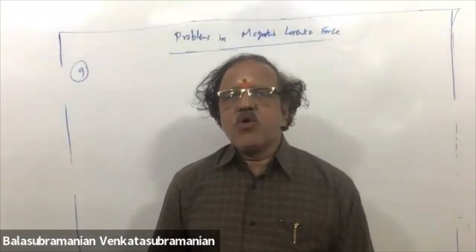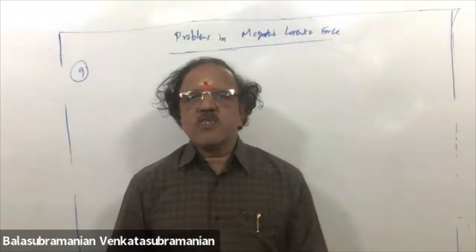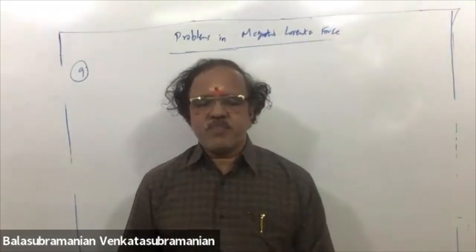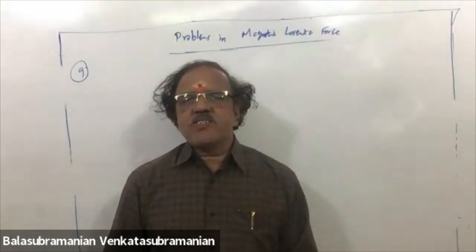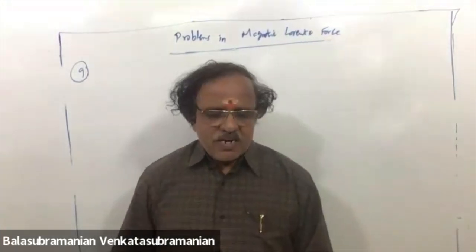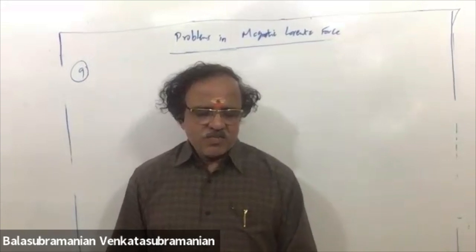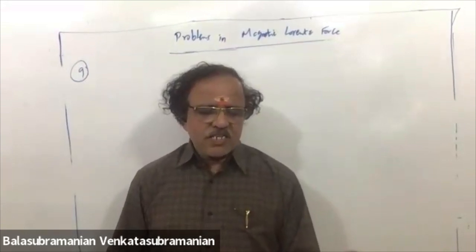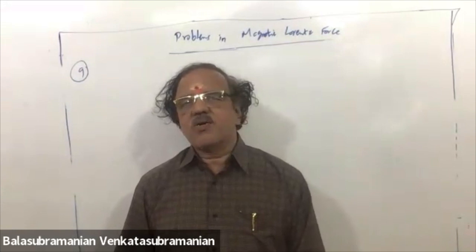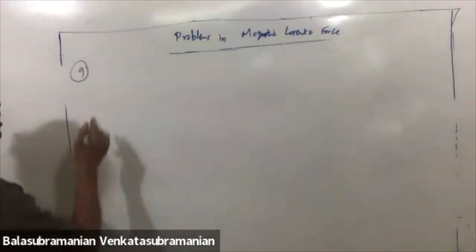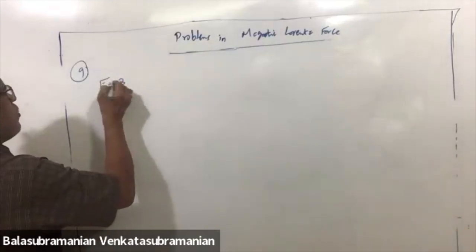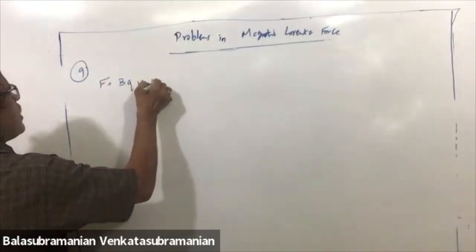An electron moving northwards with a velocity of 10 power 7 meter per second in a magnetic field of 3 Tesla directed eastwards. Calculate the instantaneous force acting on the electron. Straight problem. F is equal to BQV sin theta.